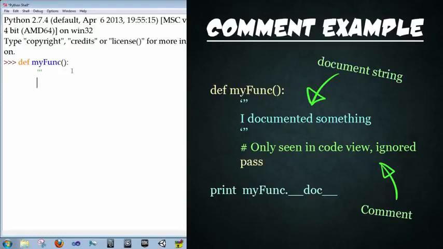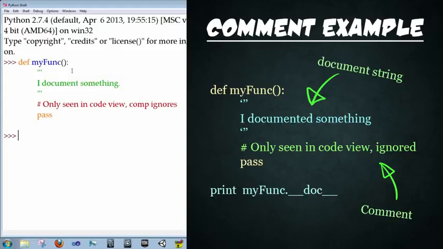I'm going to type in I documented something, period, enter, and then I'm going to type 3 more single quotes, enter, and I'm going to type a pound sign now and type only seen in code view, comma, comp ignores. Enter. Finally, we're going to end this function with pass, P-A-S-S, enter, enter. And now Python's accepted it.